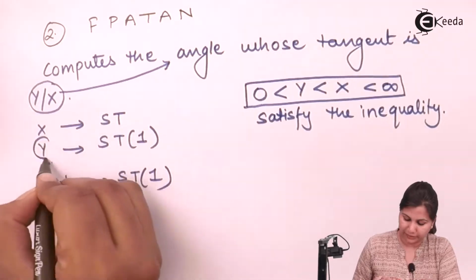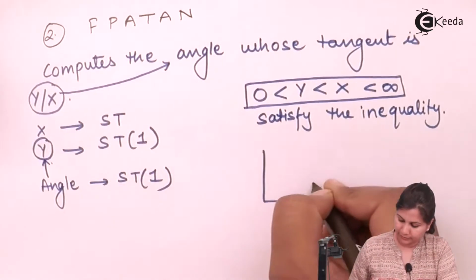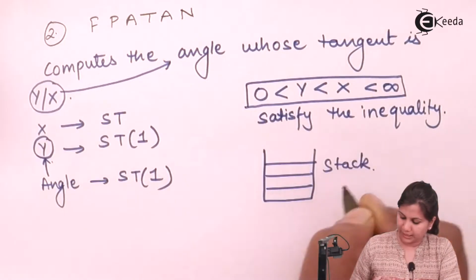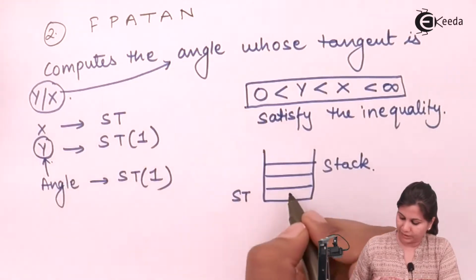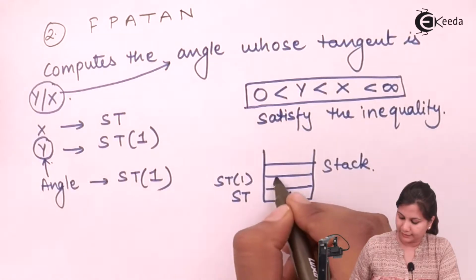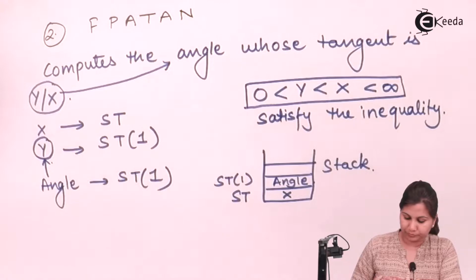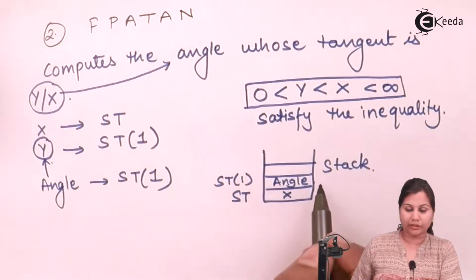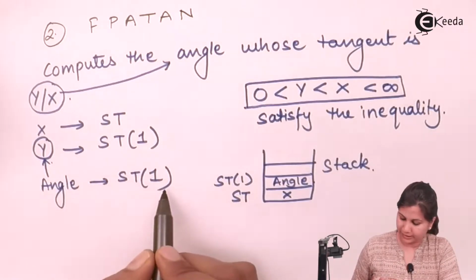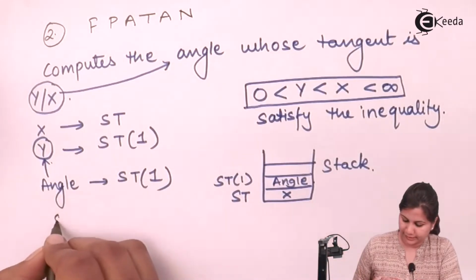Y is replaced by this. So suppose this is the stack. In the stack at ST we have x, at ST1 we have the angle. Now after this, because the angle has replaced the y in the stack, after this operation the stack pointer is incremented.